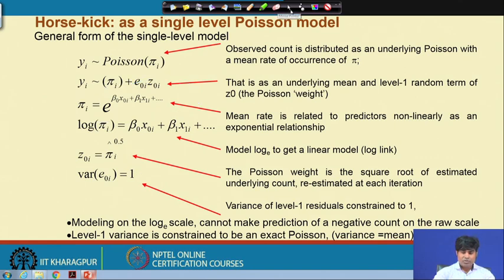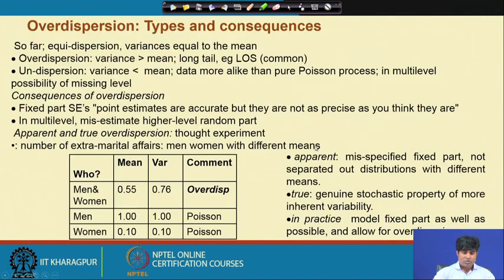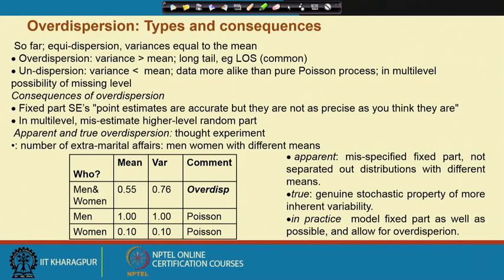Now, coming to this particular structure again, we have what we call overdispersion. That is the case where mean and variance are not the same. That means there is a question of an over-identified case. So, again we have the same problems we discussed earlier.